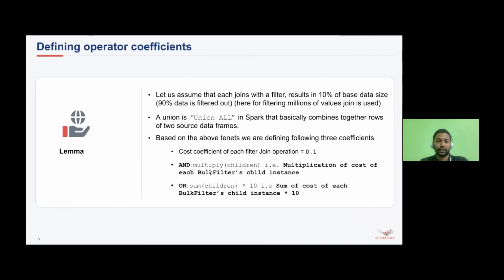If there is OR, we can do the sum of all the children nodes and then multiply it by 10, like the sum of the cost of each bulk filter instance multiplied by 10. So here on OR, we are normalizing the cost, as we have done here at 0.1. So we are multiplying it by 10.